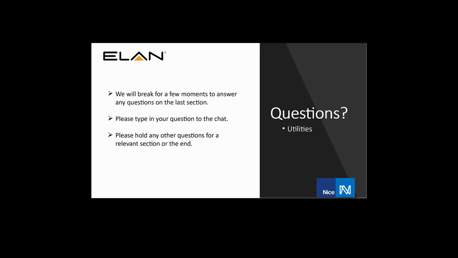So let's take a break here and let's ask some questions. Yeah, there's a bunch of questions that came in. Guys, a lot of questions about other third-party products, especially networking switches that we haven't touched on. With utilities being a new subsystem, a new category in ELAN, it is going to be part of our API for the third-party developers.